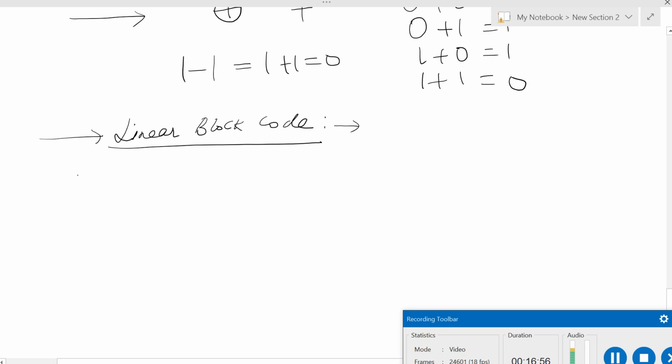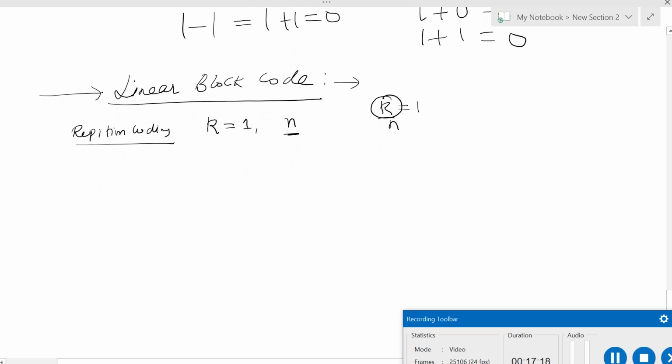If you recall the repetition coding, you were choosing one message bit at a time, and n is the channel code length or the encoded length. So in k by n, k was fixed.